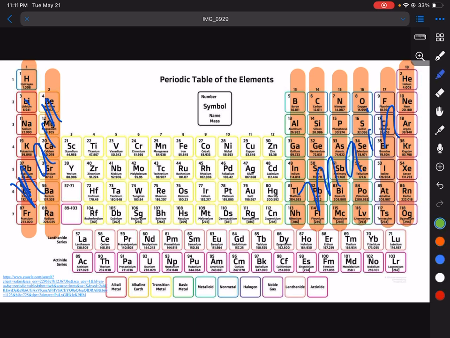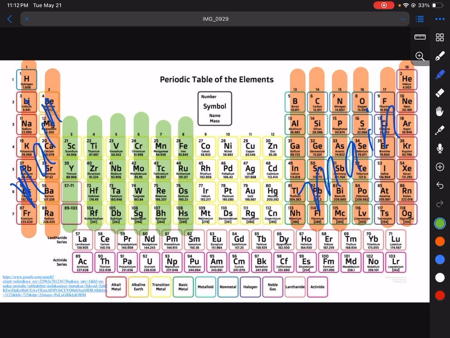Group B, as I told you, is in the yellow box. We're going to have here group 3B, group 4B, 5B, 6B, 7B, 8B, group 9B, group 10B, group 11B, and group 12B.